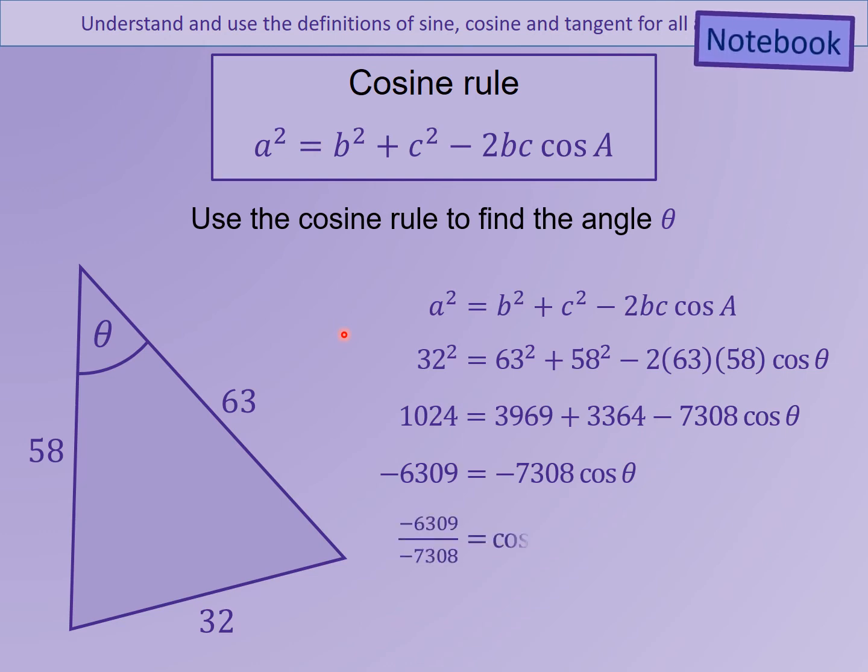And then I'm doing my division. And then finally, inverse cosine of this fraction will get me back to the angle that I need, which ends up being 30.3, and again that's correct to 3 significant figures.